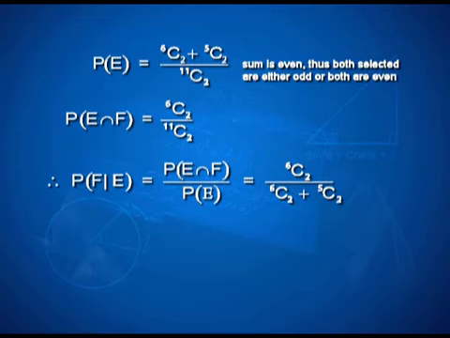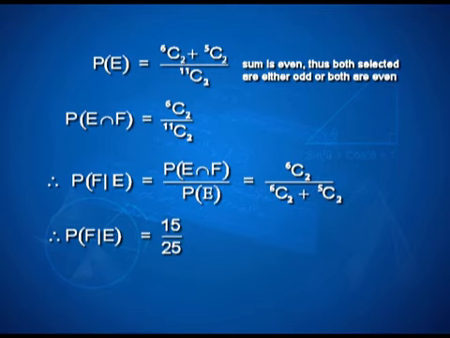And therefore, the probability of E can be calculated as per this. Similarly, probability of E intersection F, out of 6 numbers 2 can be selected in 6C2 ways, and the total number of possible outcomes remains 11C2.